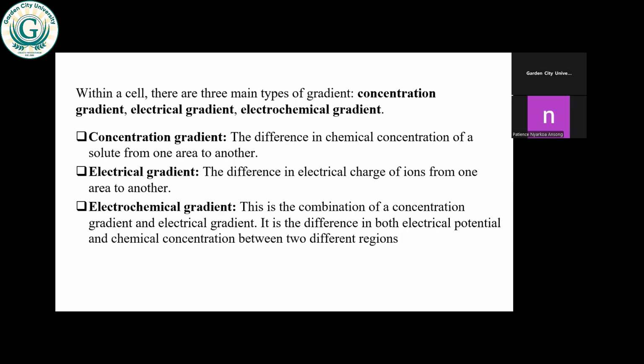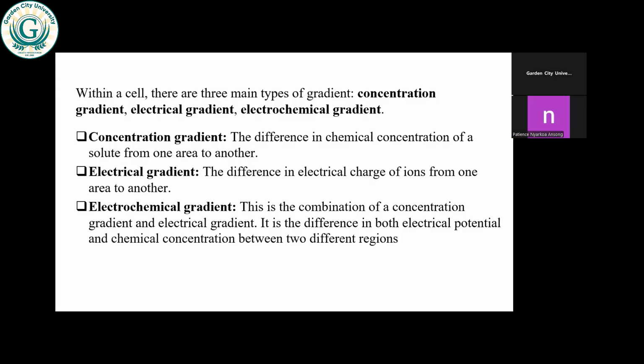You count them, 1, 2, 3, 4, 5, up to 10. Then the inside, you have 5. You count them, there are 5. That difference in concentration of the glucose gives a concentration gradient.